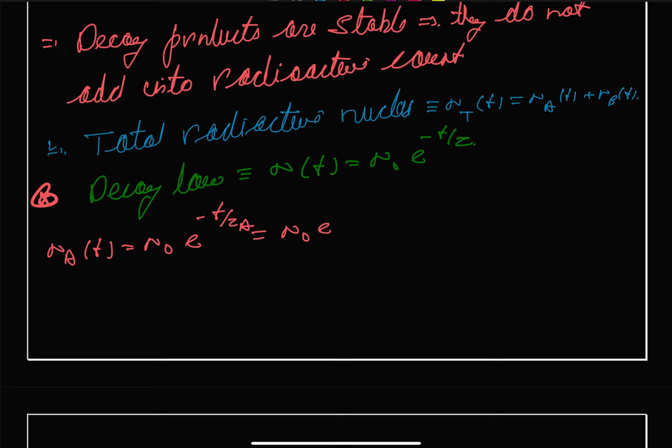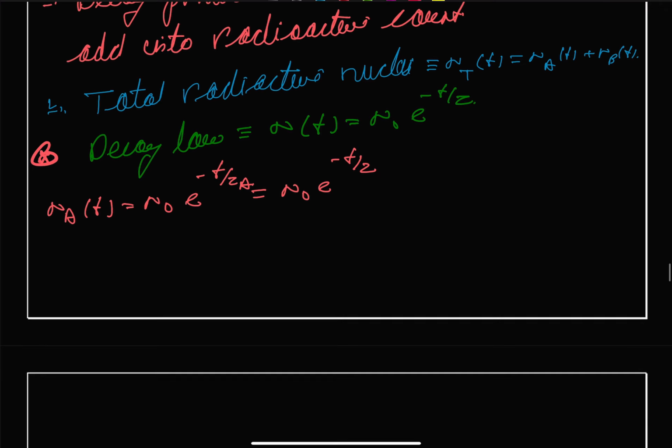So this will be e raised to power minus t upon tau. And similarly, we can write that for B of t is equal to n naught e raised to power minus t upon tau B. And this is equal to n naught e raised to power minus t upon 5 tau.